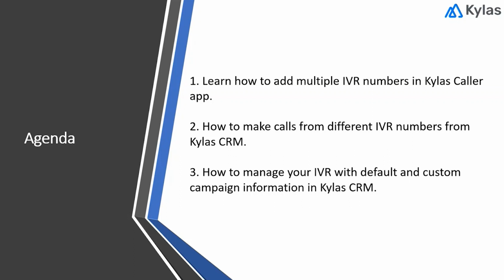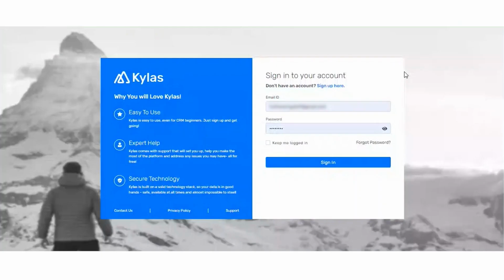So let me share my screen and show you how you can use the new features of the Kylas Caller application on Kylas. Let me know if my screen is visible to you. Okay, perfect.